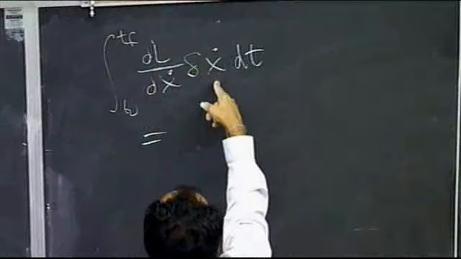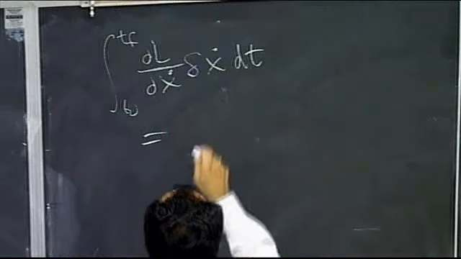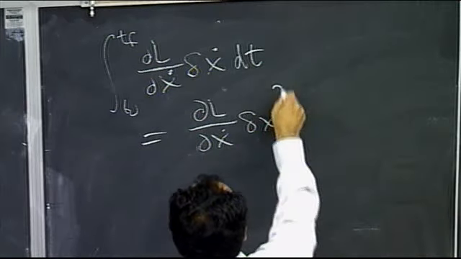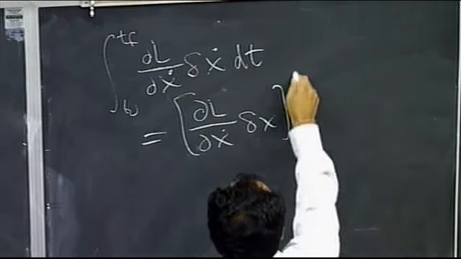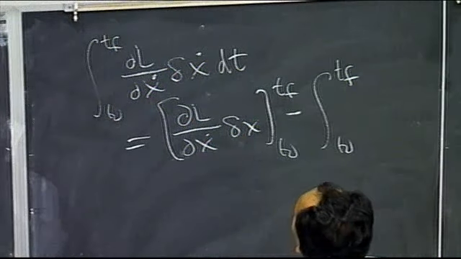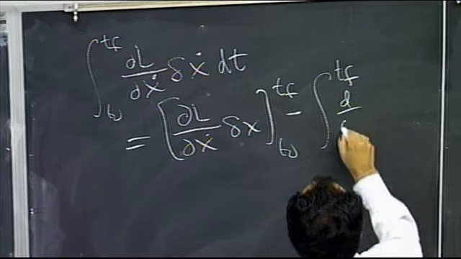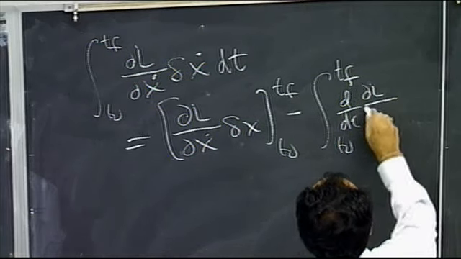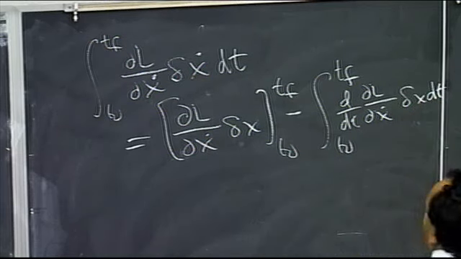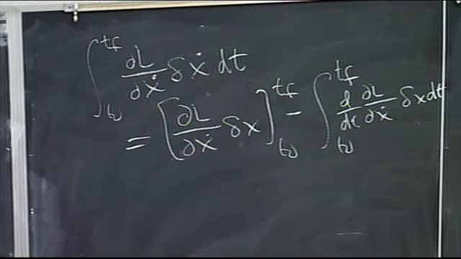If I call this u and this dv, I get uv, which gives me the partial of L with respect to x dot times the variation in x, evaluated between t0 and tf, minus the integral from t0 to tf of what? I get d dt of the partial of L with respect to x dot, times the variation in x, dt. uv minus the integral of v du.